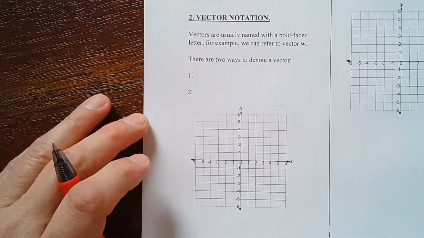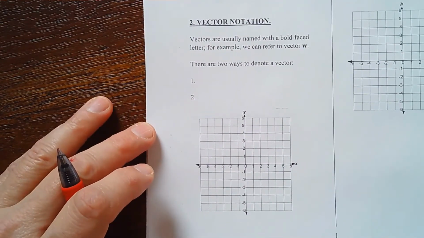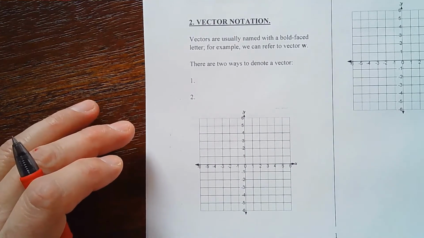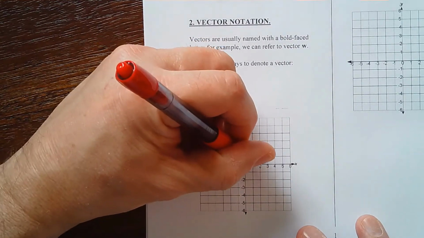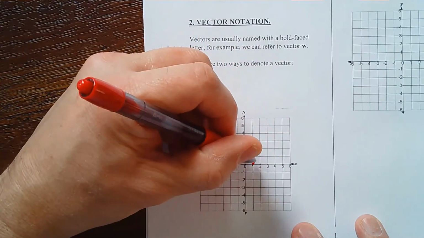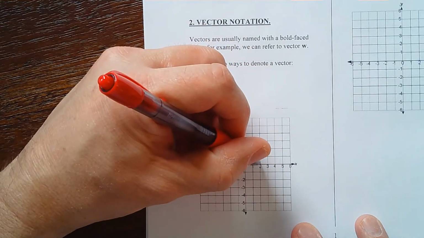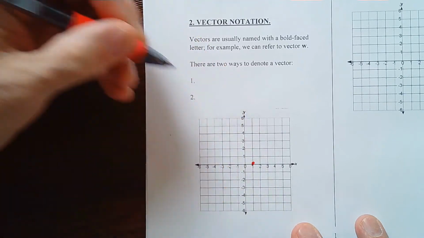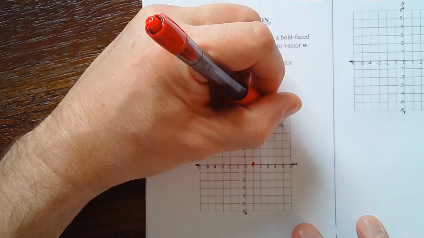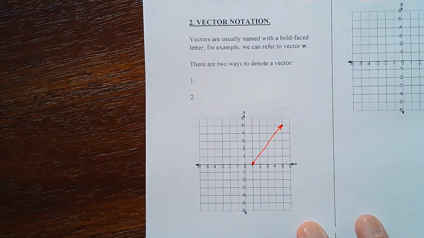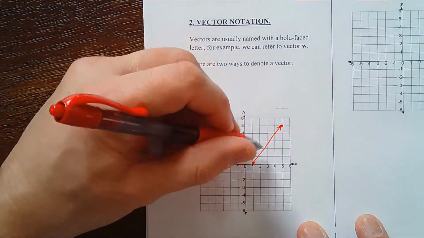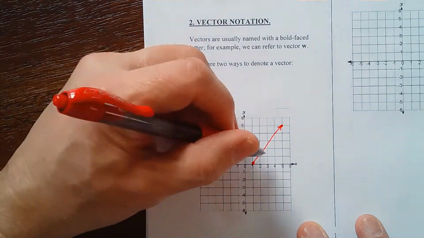Let's go to section 2 and let's learn about vector notation. I'm going to draw a vector here. What I want you to notice about the vector is that the beginning point is going to be at 1, 0. I'm going to have the end point of it at 5, 5. Now, the way you describe or define a vector is you can assume this is like a right triangle.